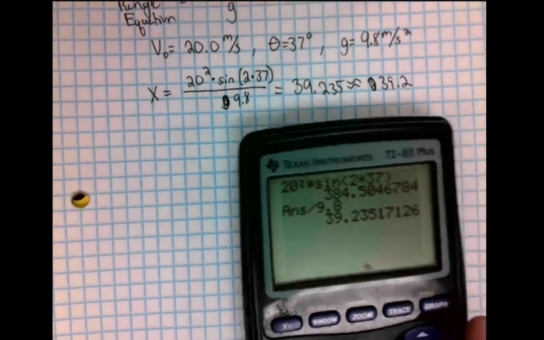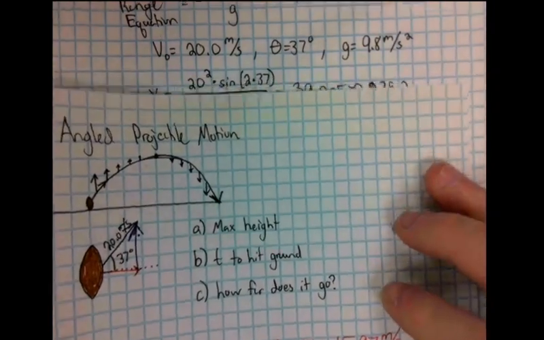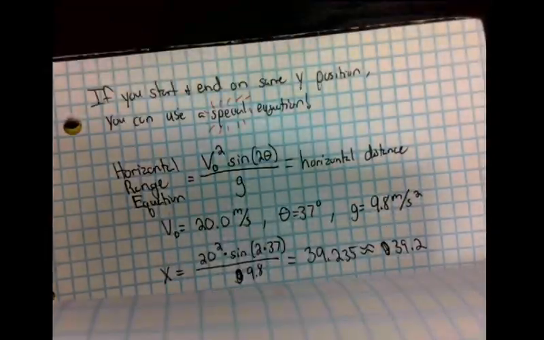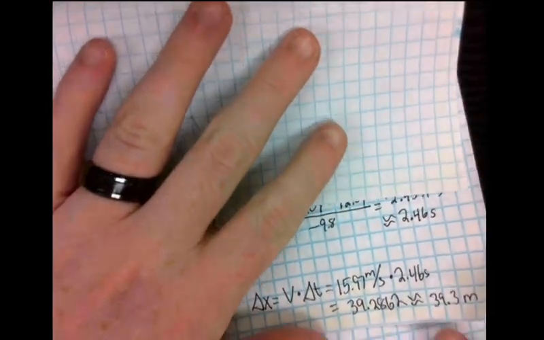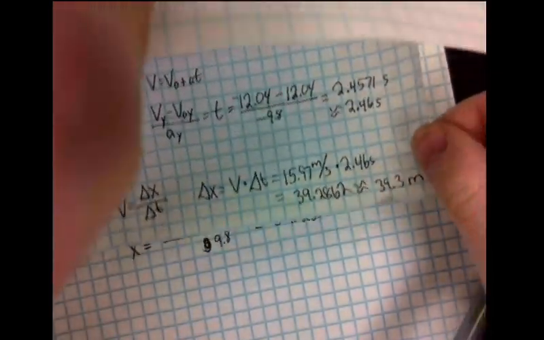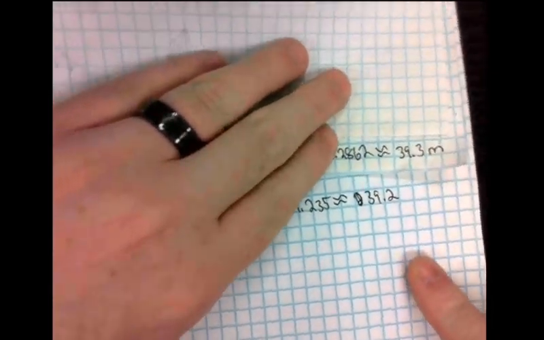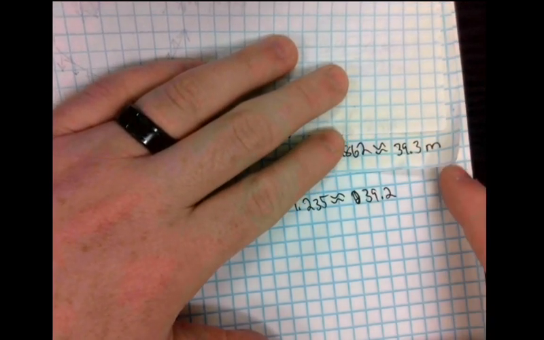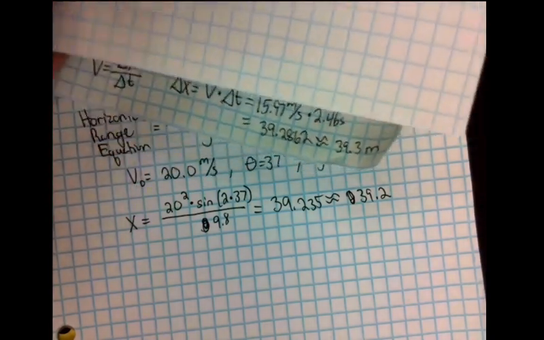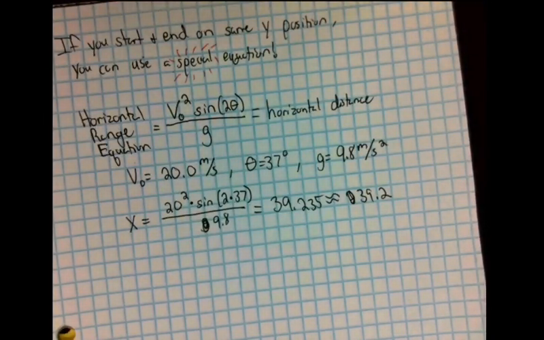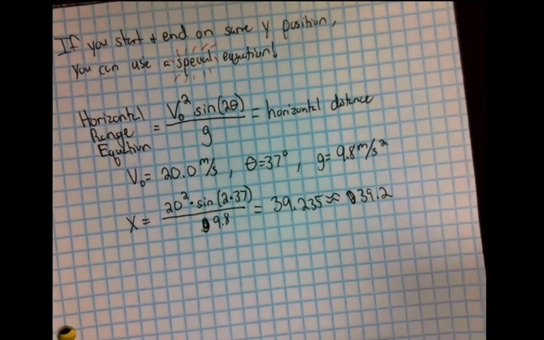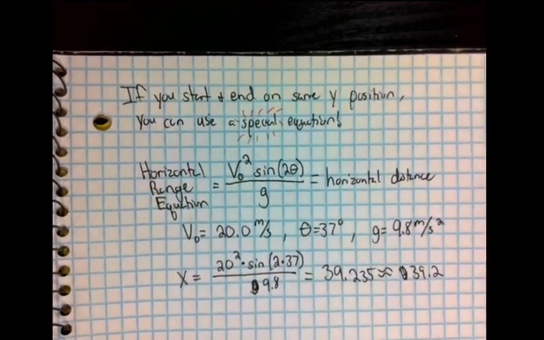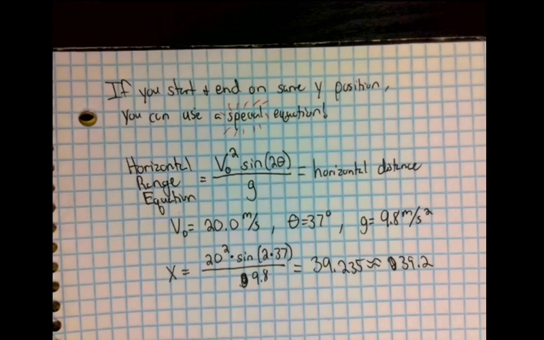Going back to our other problem and looking at the answer that we got, we got 39.3 compared to 39.2, which is definitely from our rounding, because we rounded at a bunch of different points in there. So again, only if you start and end on the same y position can you use this equation.